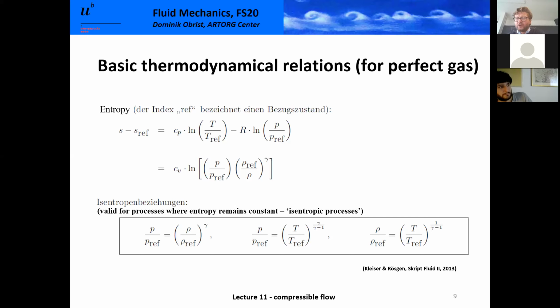If you know the pressure and the density in a reference state, P ref, rho ref, then you can compute what the pressure in a modified system will be if you know the density. These two are related through these expressions. And you see here, you have an exponent gamma. This is 1.4 for air.